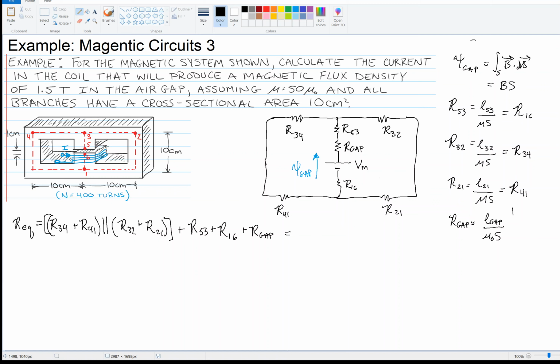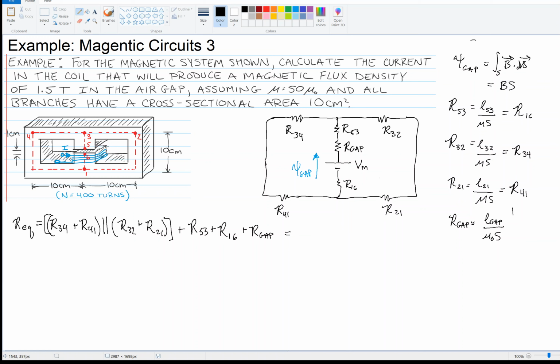Okay, but take into account that square centimeters is 10 to the minus fourth square meters, because 1 centimeter is 10 to the minus 2, and this is squaring. And mu 0, of course, is 4 pi times 10 to the minus 7, and so on.